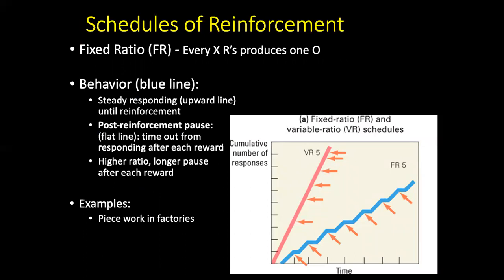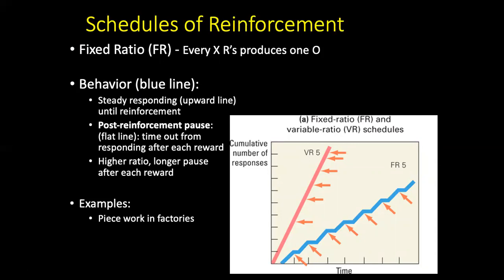So this, if we look at it graphically, is represented by the blue line in this graph, right? So we see that the responses over time, cumulative number of responses goes up, right? But it's a little bit of a jagged line there. Basically what that is, is that every time there's a reinforcement, the animal or person tends to lag a little bit.